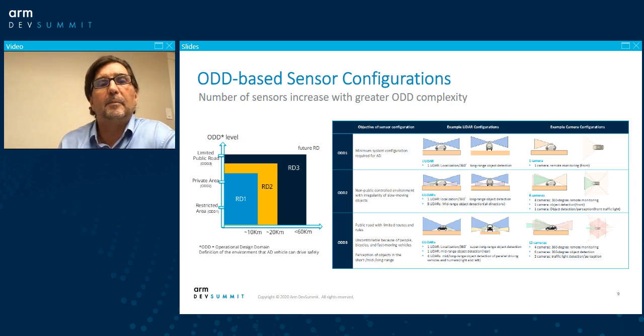Here's another way to look at it. What you see on the left is a diagram which shows how we go from smaller, restricted use applications, private areas, where typically you will see lower velocities, maybe 10 or so kilometers per hour, and move up into applications with wider coverage areas, meaning extending into public roads, potentially still limited in some way as far as the allowable operating environment in that public road system, and obviously also in some cases limited in the velocities that can be supported.